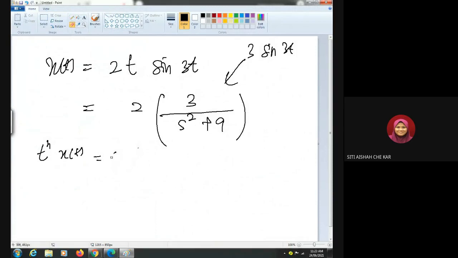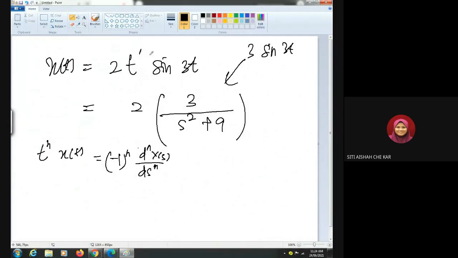You tak perlu ingat sebab dia bagi dalam final, and kena differentiate sebanyak n lah. Okay, so kena differentiate berapa kali ni untuk this question? Sekali. Sekali sebab 1. Kalau t kuasa 2 kena differentiate 2 kali lah.